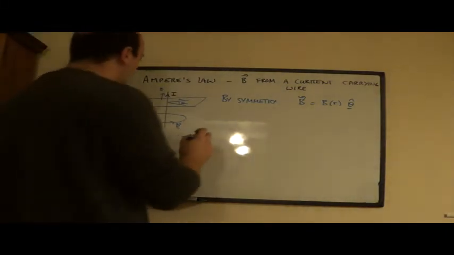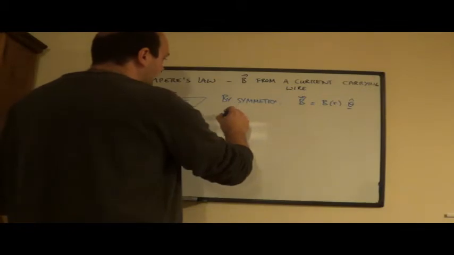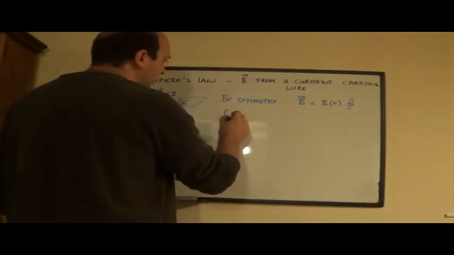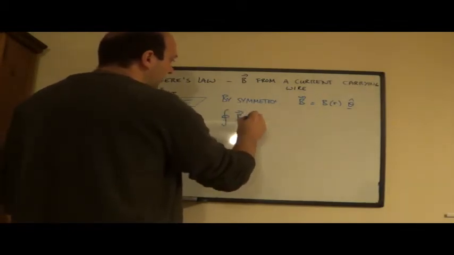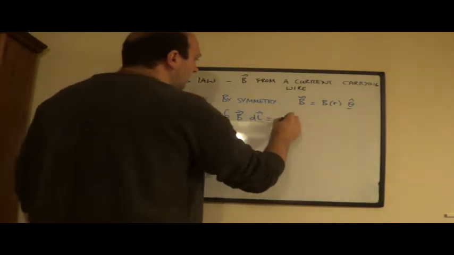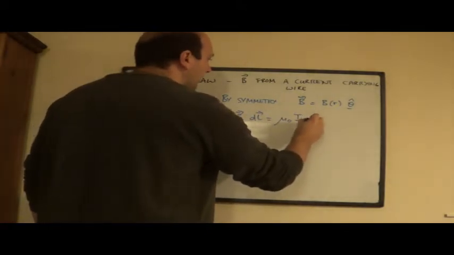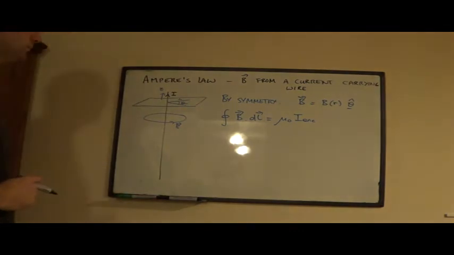Now we can write down Ampere's law. It says the integral around a closed loop of B dot dl is equal to mu naught times the current enclosed by that loop.